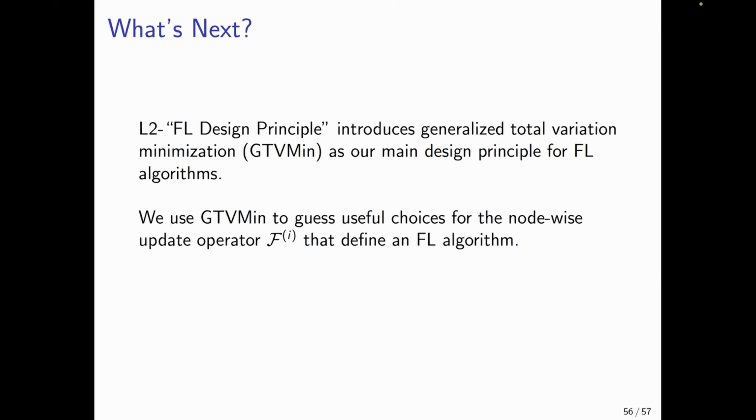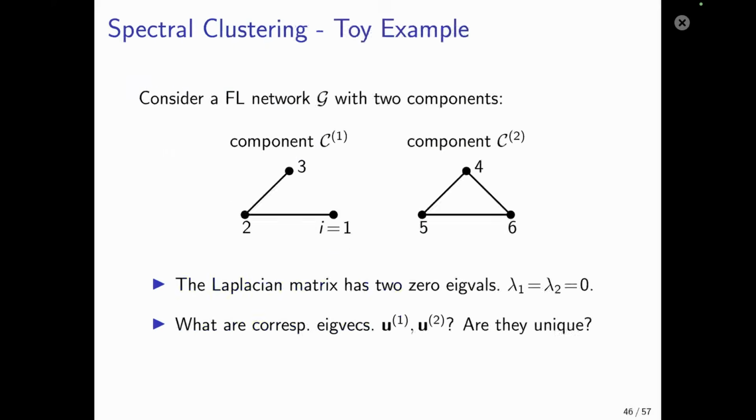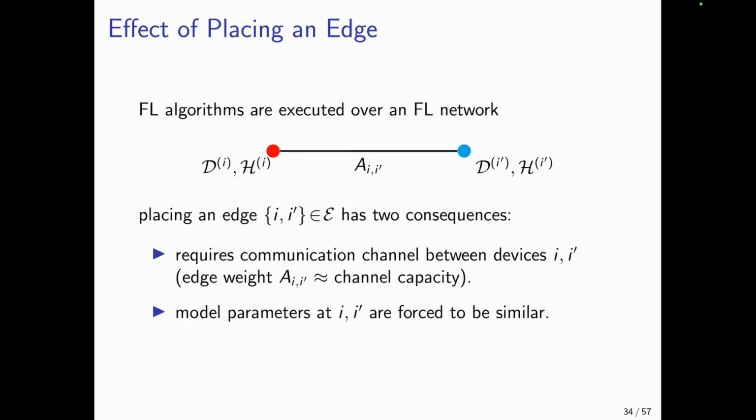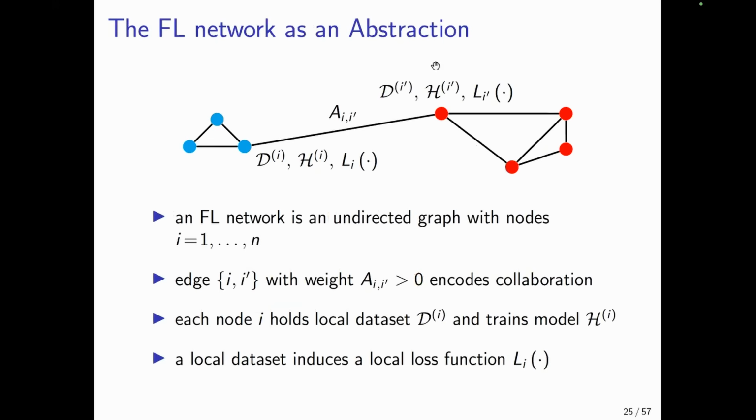The next question: are physical limitations of devices taken into account in a federated learning network? Do you scale the model based on the respective devices somehow? Very good question. In principle, you can choose this federated learning network, you can write it down on paper as you wish. But that's just a model, and the question is, how useful is the model?